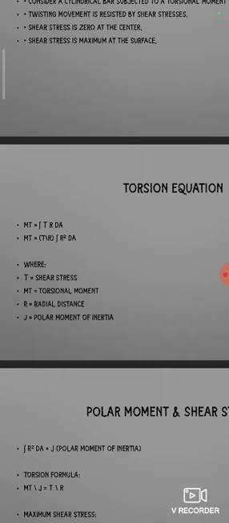By rearranging the above equation, we get the standard torsion equation, Mt divided by J equal to tau divided by r, in which tau stands for shear stress, Mt stands for torsional moment, r stands for radial distance, and J stands for polar moment of inertia. This equation helps us relate applied torque, shear stress and geometry of the shaft.